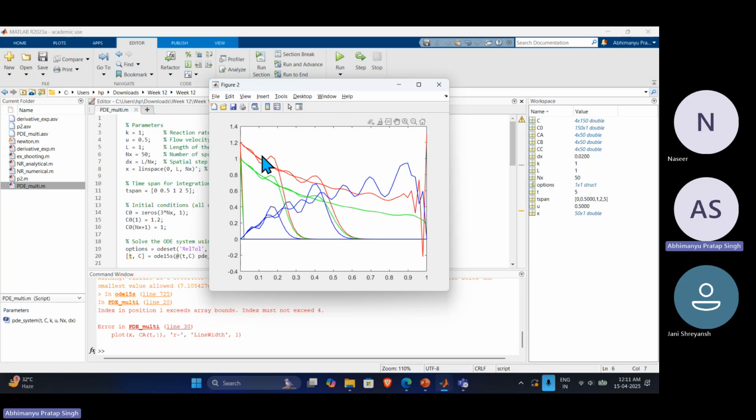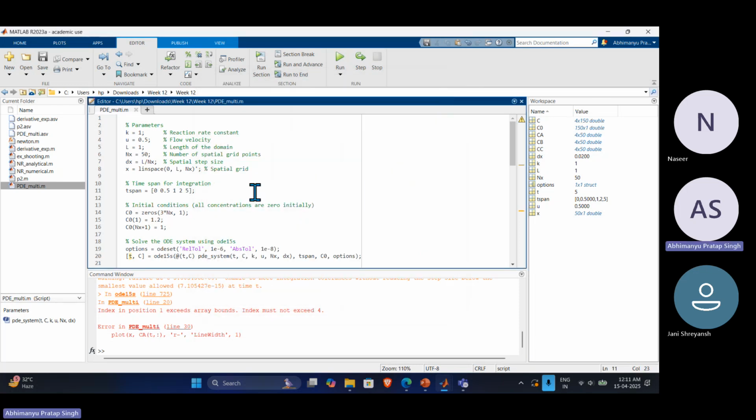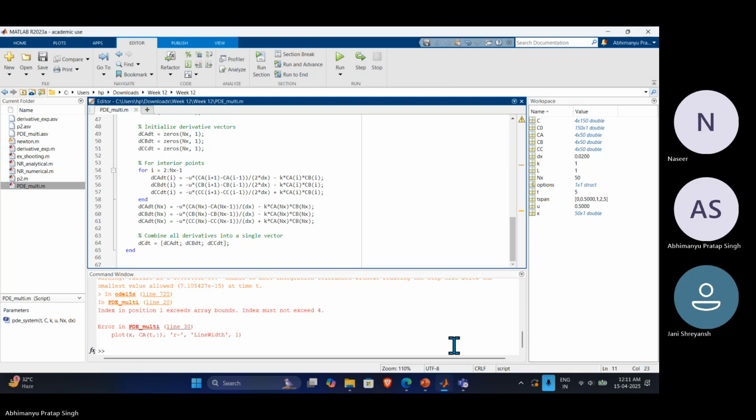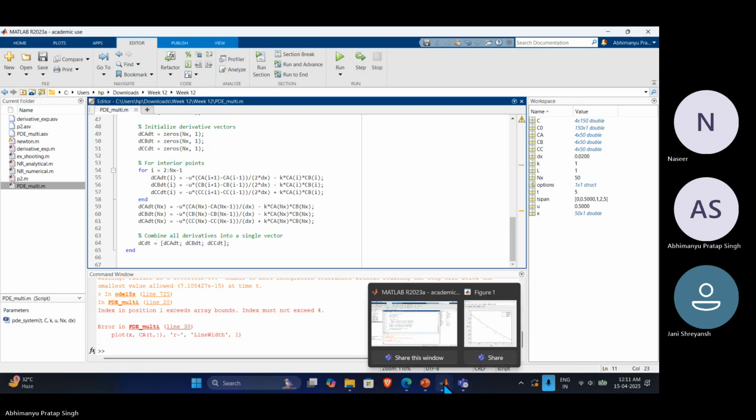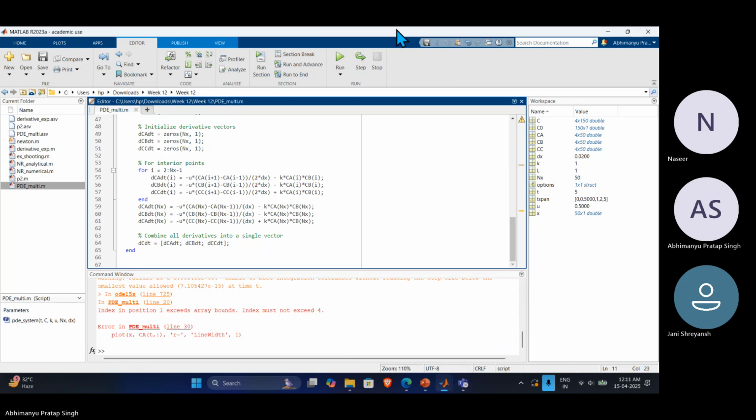Central difference gives us these sorts of oscillations which should not be present. Okay. So any doubt in this? Okay.